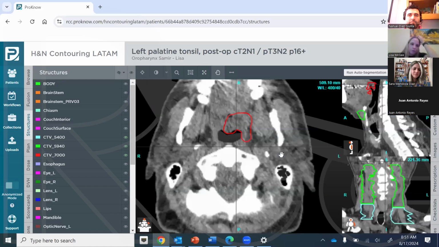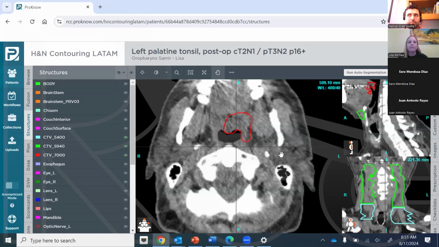And so from the standpoint of contouring, usually for a post-op case, I think of doing dose painting in 2 dosing levels. So the most common dosing regimen that we would use in the postoperative setting at our institution would be a high-risk volume going to 60 gray at 2 gray per fraction over 30 fractions.